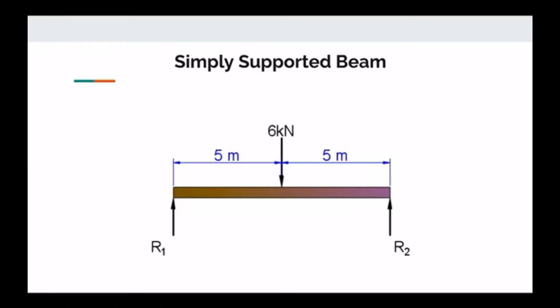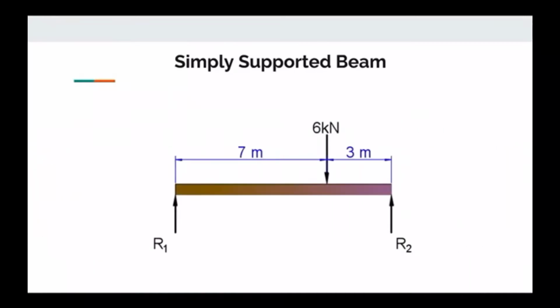Right? If the beam is not loaded symmetrically, like this beam for example, you will not be able to easily determine R1 and R2. As a result, R1 and R2, which are the reaction loads, would have to be calculated.